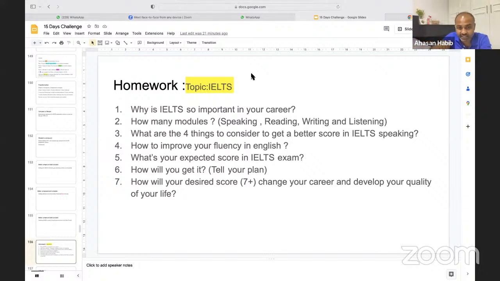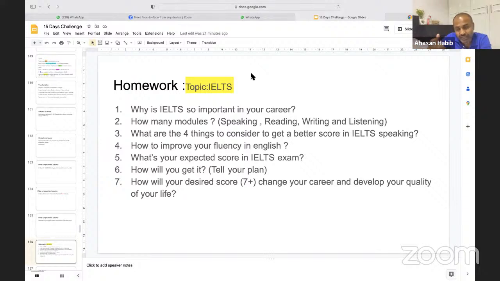So my IELTS expected score is 6.5, and because the course I'm looking for is international HRM, it requires 6.5 for master's degree. So that's my expected score. To be honest with you, I haven't set up my plan yet to how to get 6.5 in IELTS.